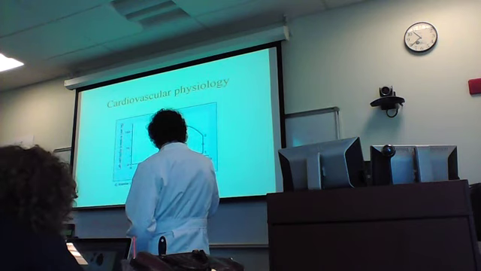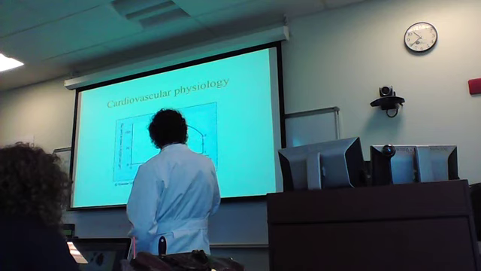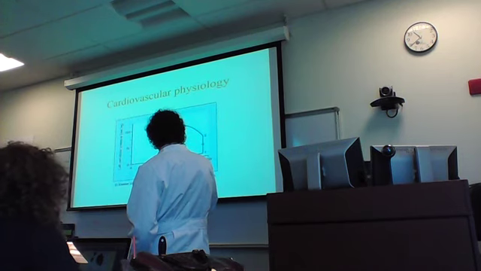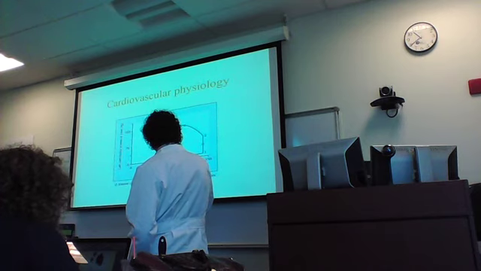Okay, so let's see. This is systole. All right, so ejection, then closure of the aortic and pulmonic valves. Then you get isovolumic relaxation of the ventricle.